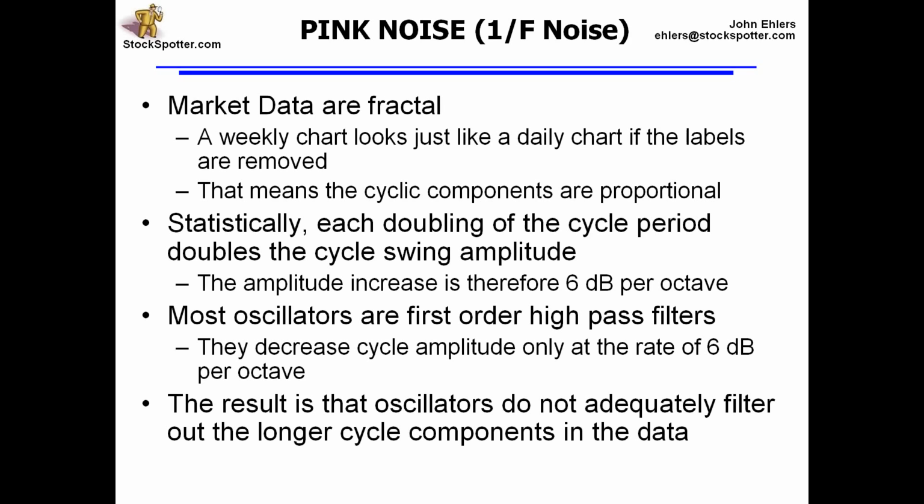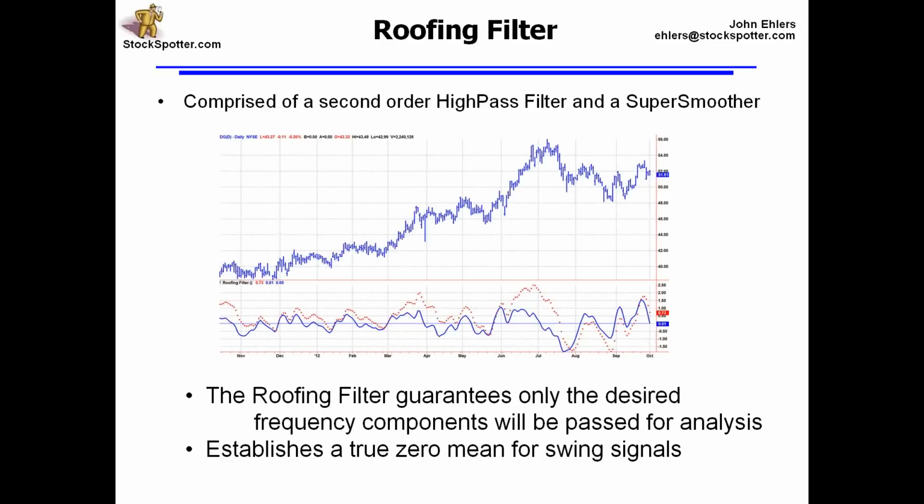We use this roofing filter. The red dotted line below the bar chart shows a smoothed sample of the data that has gone through a first order high-pass filter also.